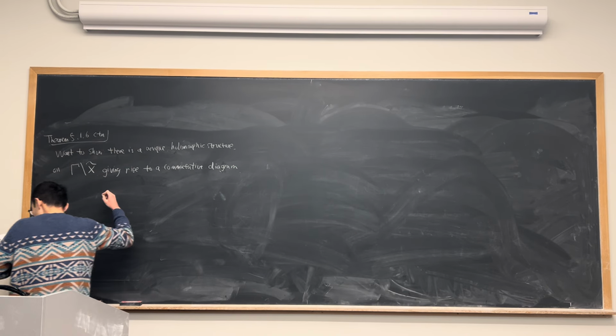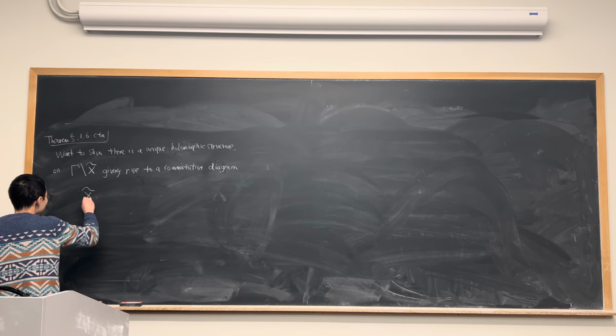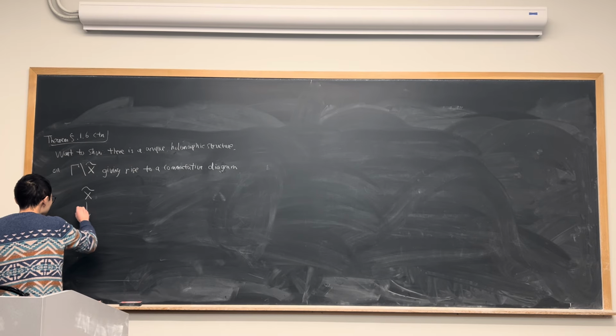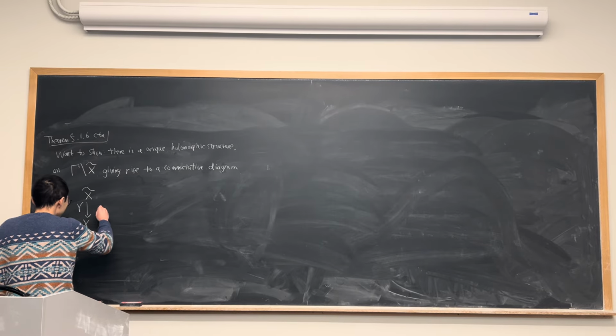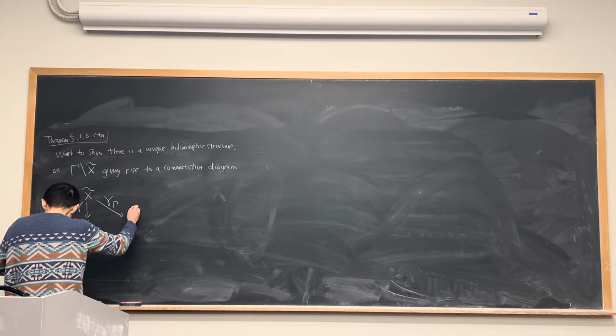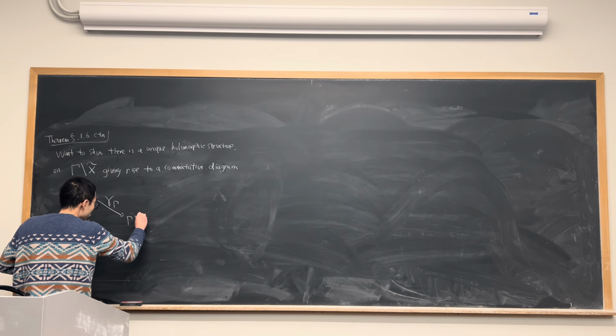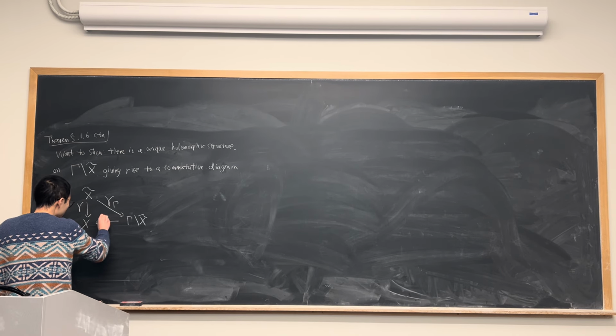This is X tilde, and then this is the Gamma projection, and then this is the X, and then this is the quotient space here, Gamma quotient of X tilde, and then this is an isomorphism.